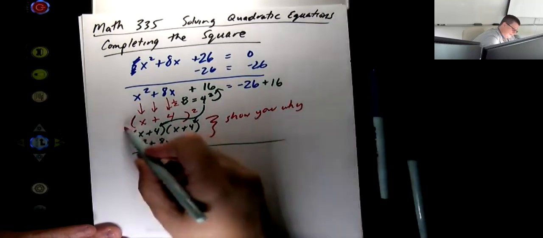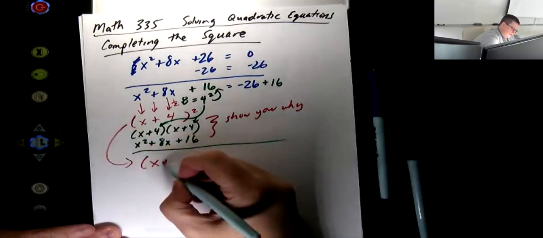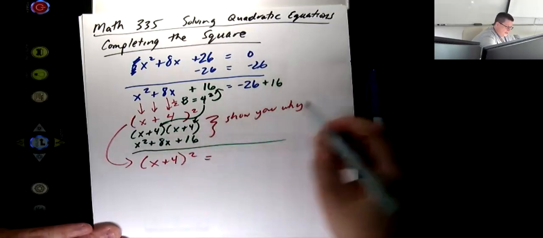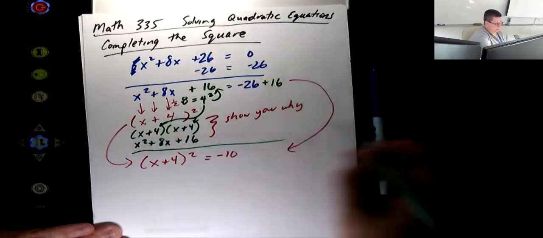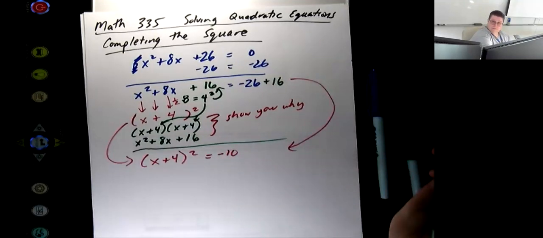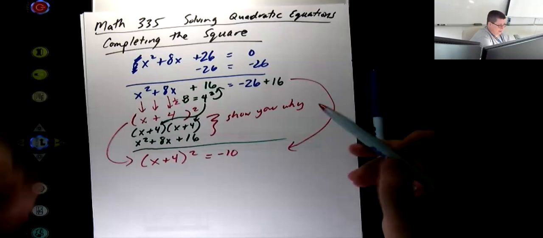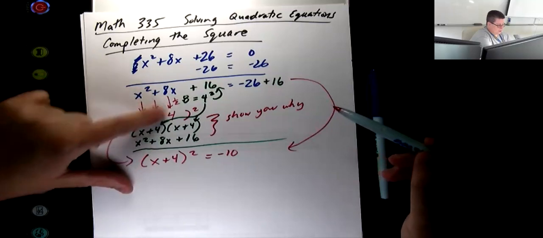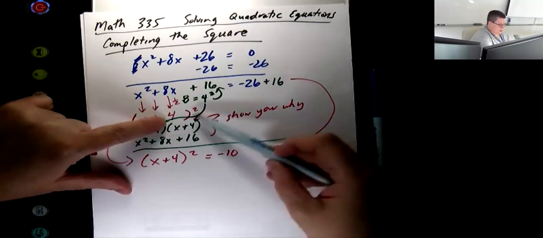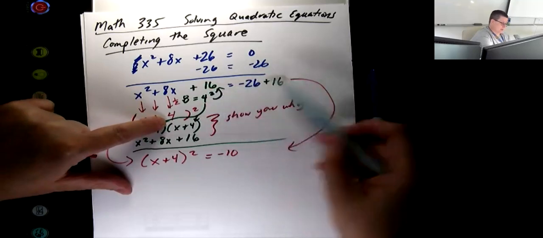I'm going to bring this down here and say the x plus 4 squared here equals negative 26 plus 16, which is negative 10. So you take half of the 8. Half of the 8 is 4. That's what goes in the parentheses. We square the 4, and that's what we add to both sides.